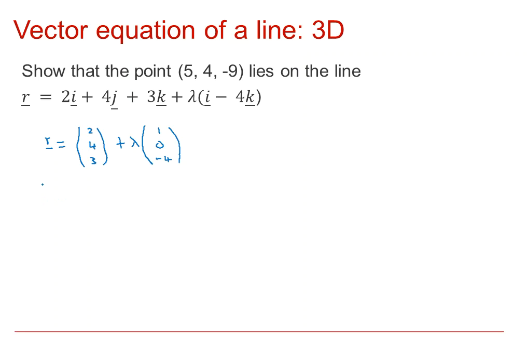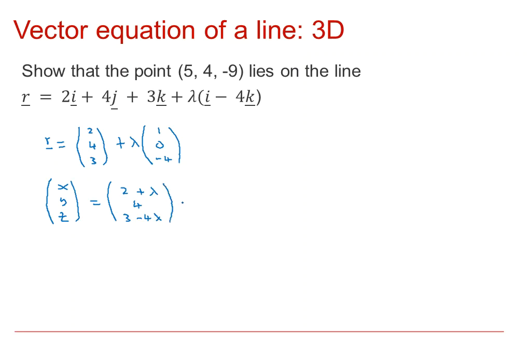We can now take it a step further and introduce our x, y, z notation. (x, y, z) equals, and you can even write the right hand side as a single column vector, so that's 2 plus 1 lambda, 4 plus no lambda, and 3 minus 4 lambda.